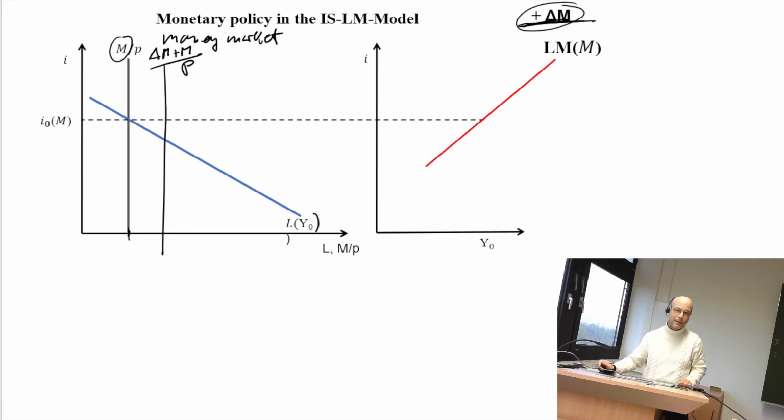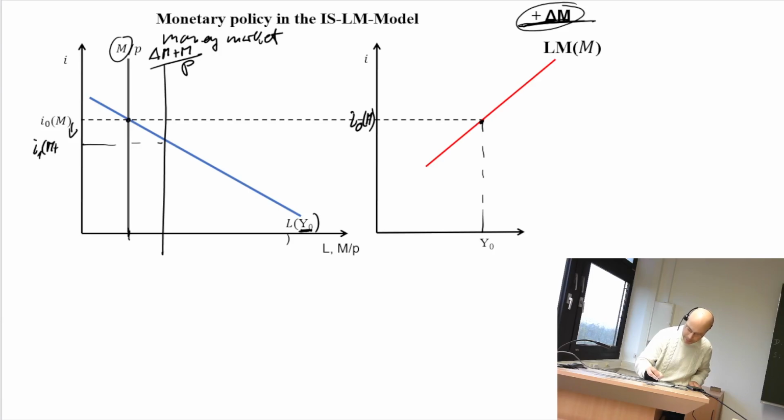Well, this money demand curve, the blue line, was depending on some specific income Y0. So from this we obtained the dependence of the equilibrium interest rate on the income. Now our supply curve changed, so this interest rate is dropping, and we obtain I1 of M plus delta M, a new interest rate.